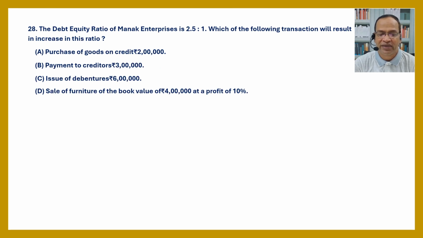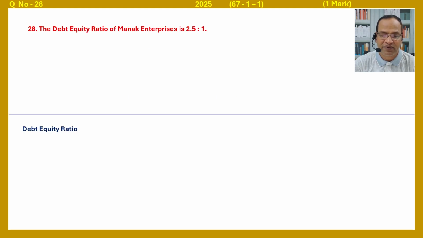Next, 28. The debt equity ratio of Monarch Enterprises is 2.5:1. Which of the following transactions will result in increase in this ratio? Debt equity ratio formula: debt divided by equity.